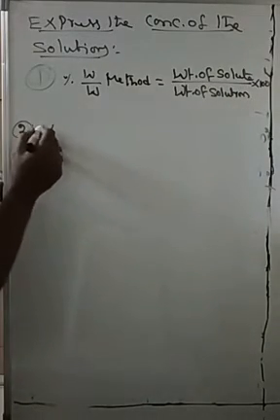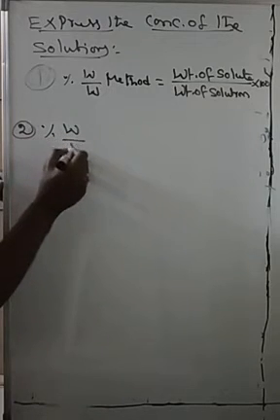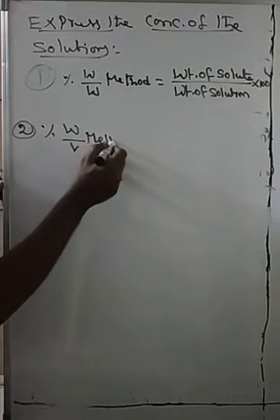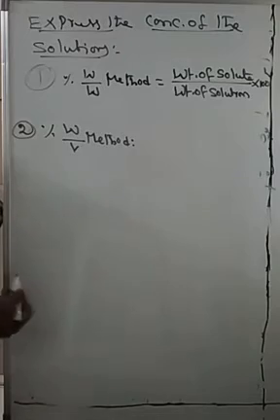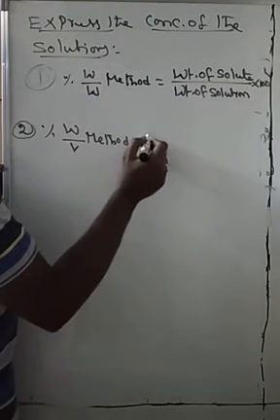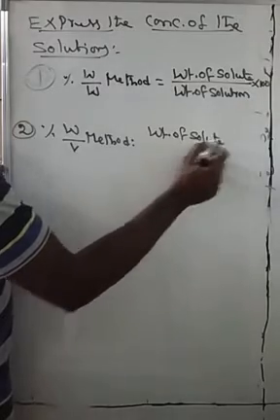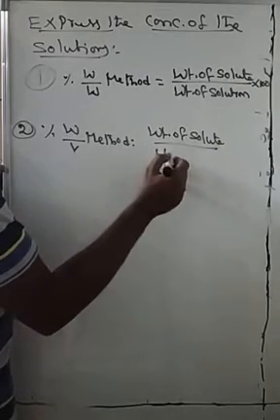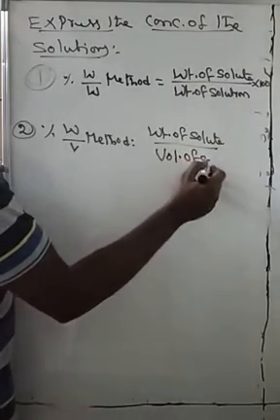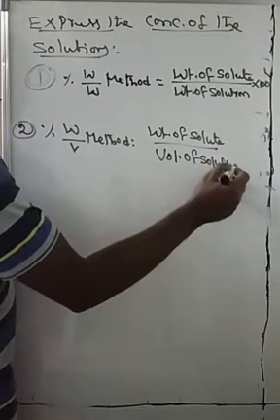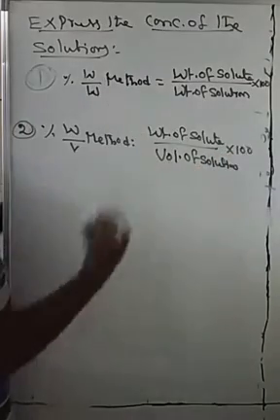Like that, weight by volume method. Here weight by volume method means weight of solute by volume of solution into 100.